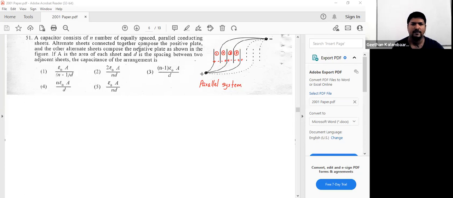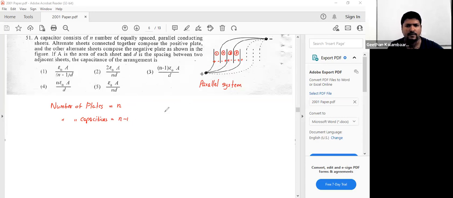So if the number of plates is n, then the number of capacitors is n minus 1.